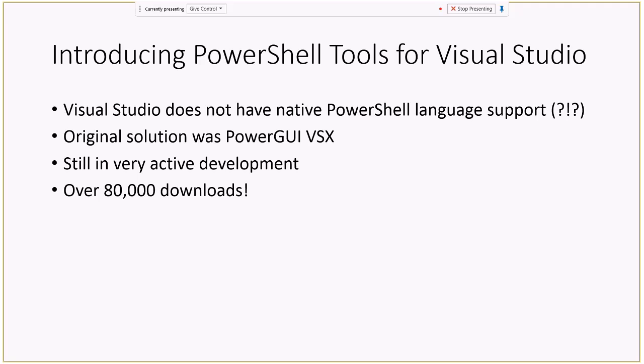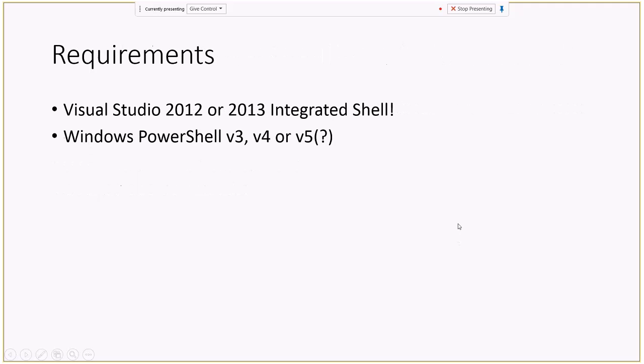I just released the 1.0 version, got out of beta in early July, so it was a big milestone for me. Right now I have over 80,000 downloads of this tool, so it's pretty popular in the dev space. There are a lot of people using PowerShell for things like Azure or Hyper-V scripting, and that's why I went down this route.